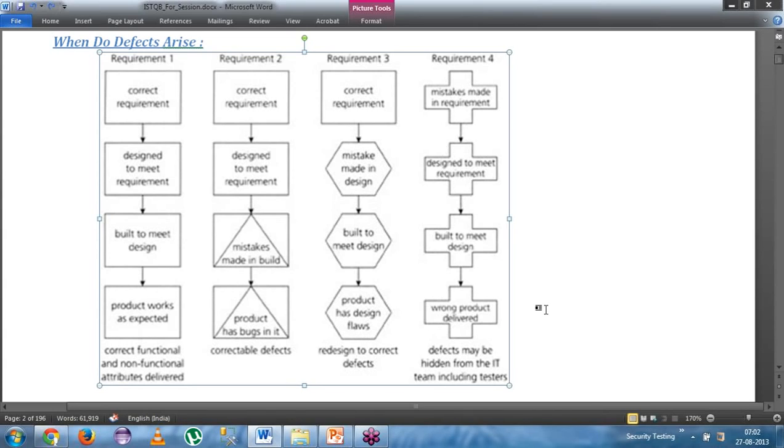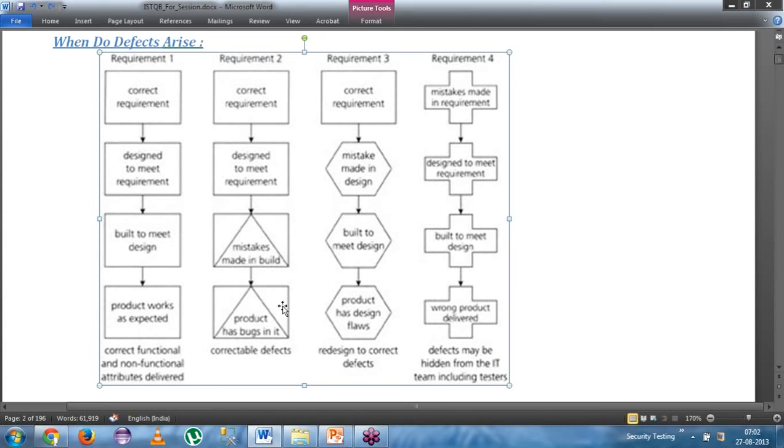It's not the correct product which is intended. So the defects may be hidden from the IT team, including testers. With this, the context that we can understand is in which phase, in each one of these phases, what are all the problems that arise and what we need to do to eliminate the problem.